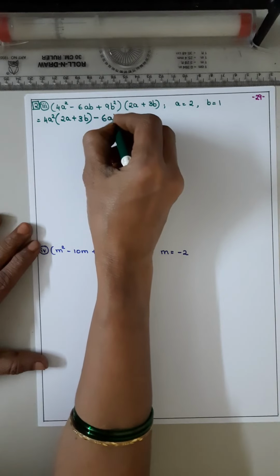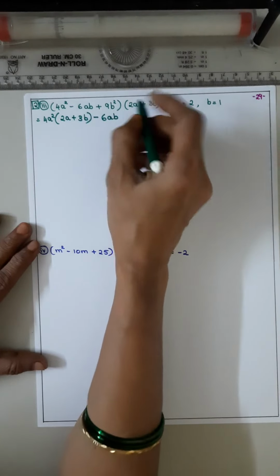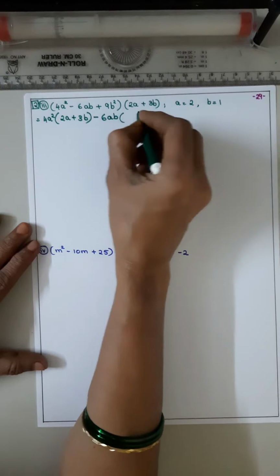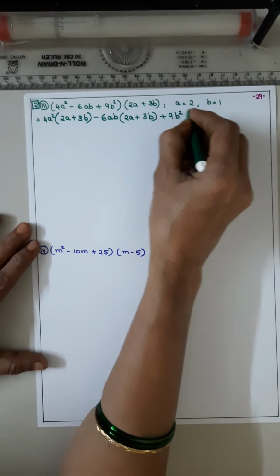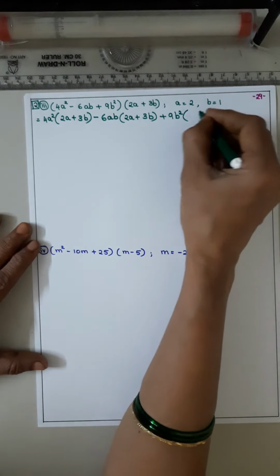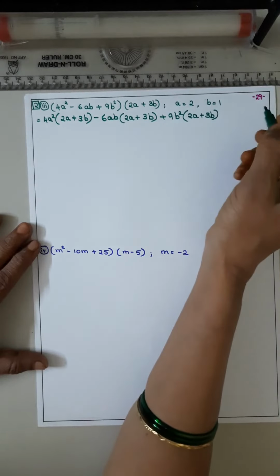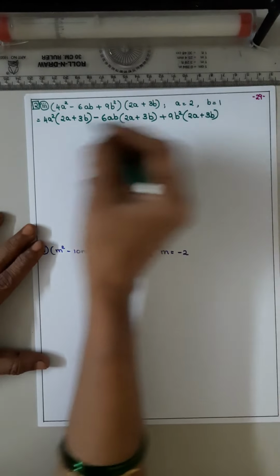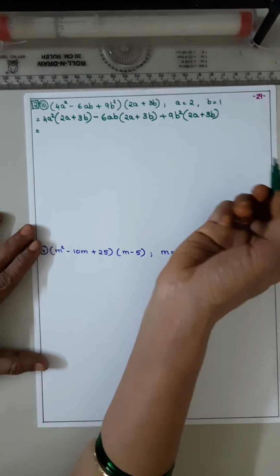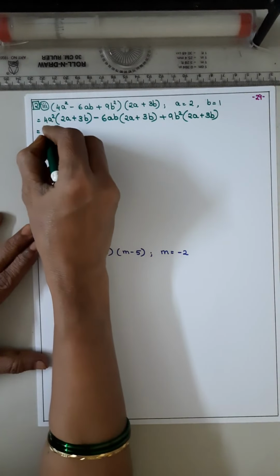Next is minus 6ab, again bracket open, 2a plus 3b. Now plus 9b squared, again bracket open, 2a plus 3b. Okay. Now multiply, 4 2s are 8.